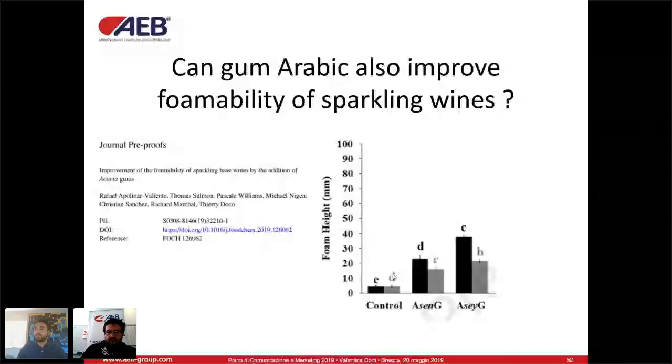The height is the black one, and the foamability is the other one. And with the Acacia seyal, in this case Rapidase 30, it has a better ability to increase the foamability of the wine.